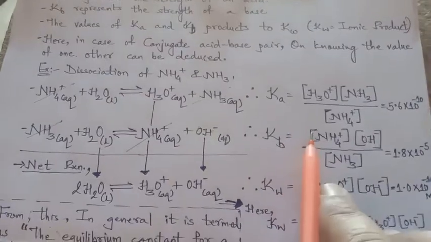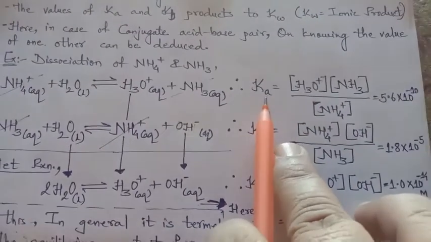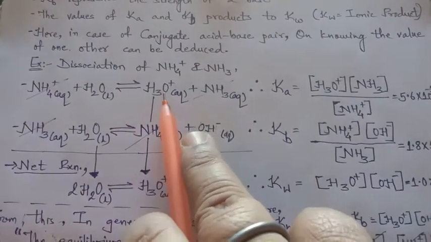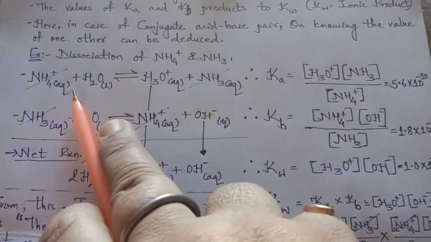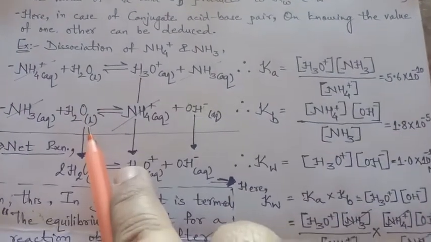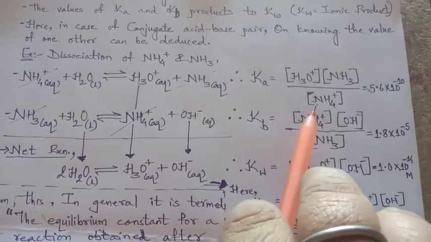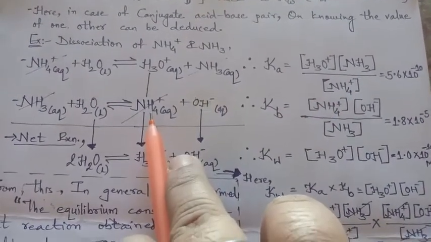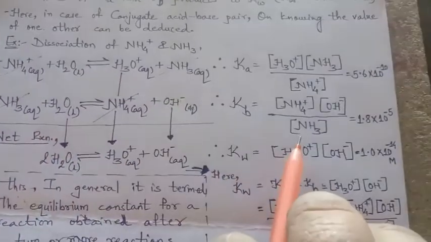Now on the other hand, if we know the ionization strength of acid at equilibrium, then Ka for this reaction will be H3O plus NH3 upon NH4 plus H2O liquid form. The concentration of the water remains the same, so it need not be taken as a value in the denominator. And for Kb, NH4 plus into OH minus upon NH3.